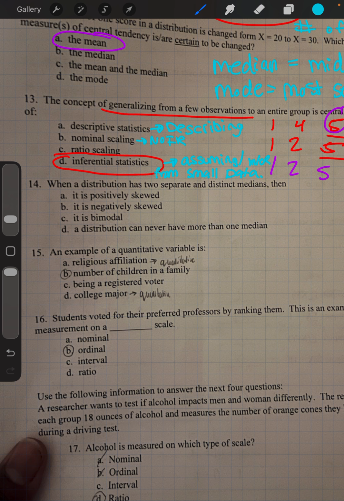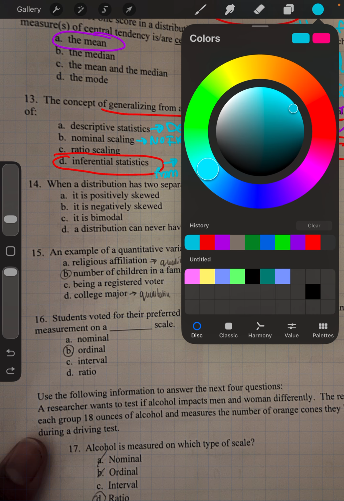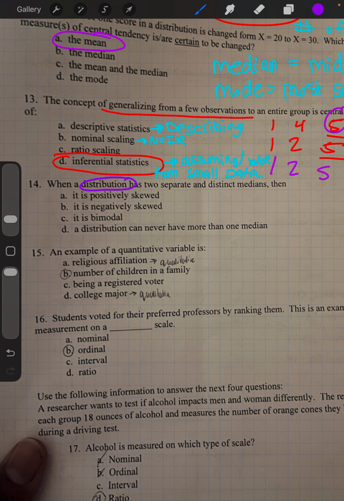For number 14, I have to change the color. Purple. So distributions. They can have a few things.